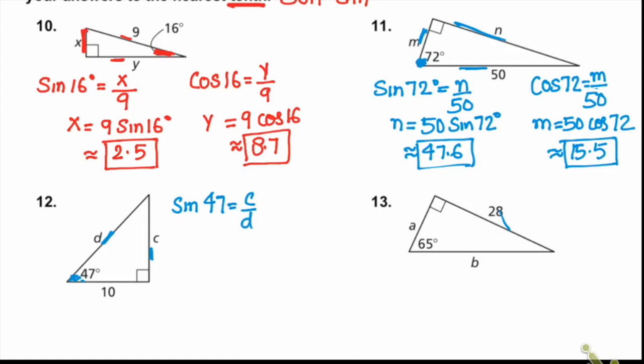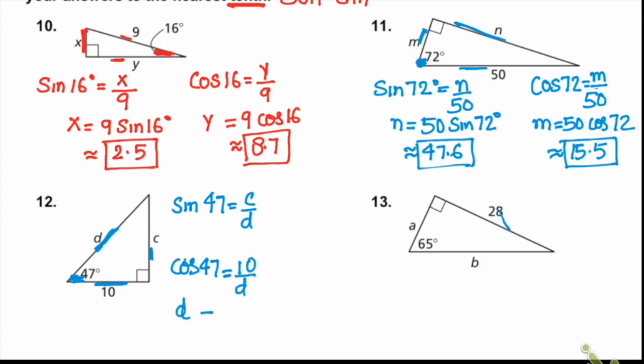But looks like both are unknown. So better I start with the cosine ratio. Cosine of 47 is adjacent over hypotenuse. So 10 over d. This looks easier, just one unknown.